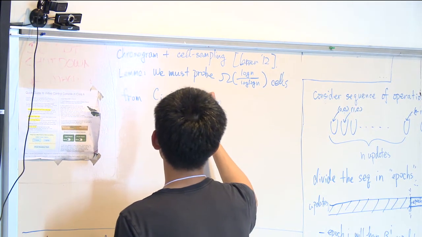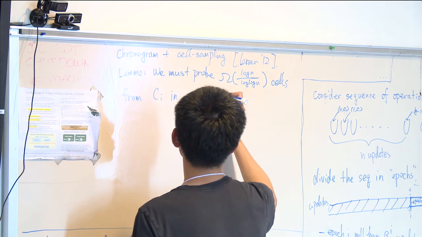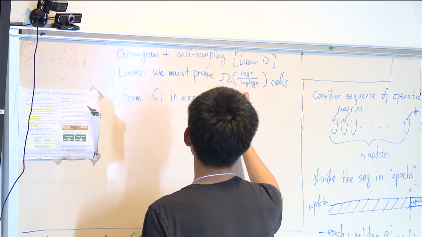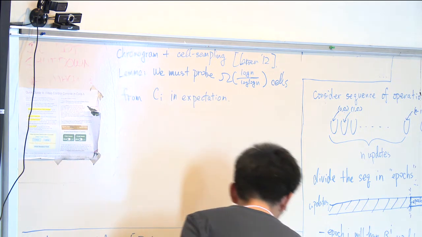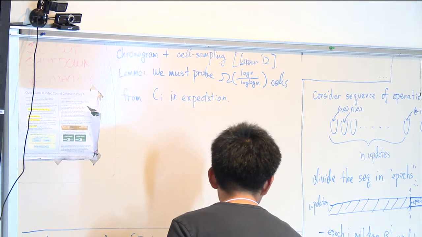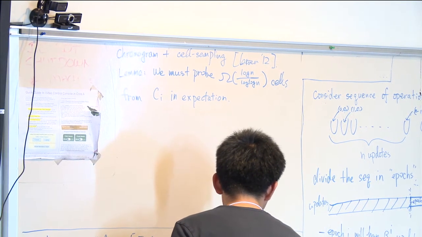So why log n over log log n? If you remember the cell sampling argument and the lower bound we got, it was basically log Q divided by log of S over n.